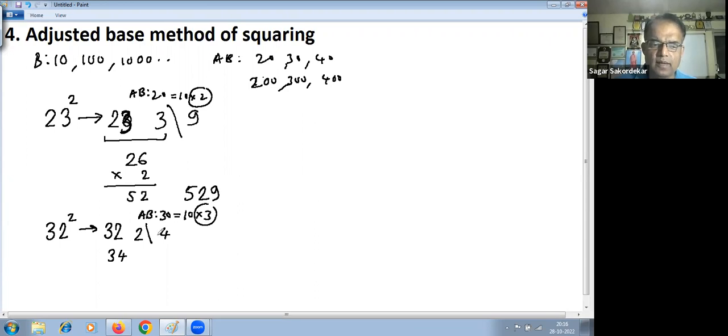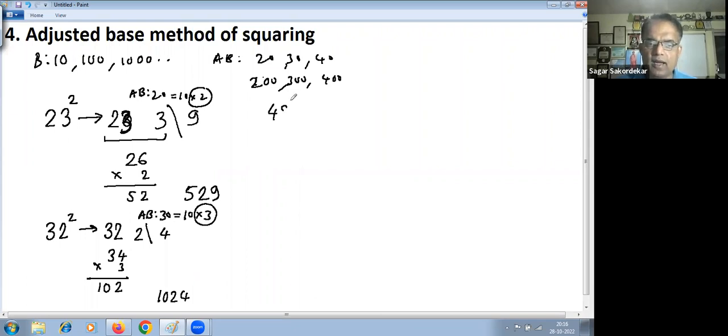The relation is into 3. 3 4s are 12, so 2 carry 1, 3 3s are 9, plus 1 is 10. Base is 10, so there should be only one digit. So join, and the answer is 1024. Satvik correct.